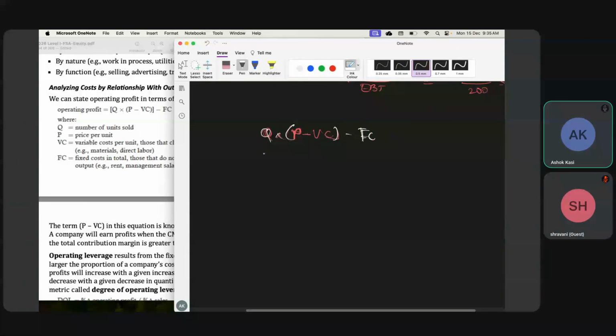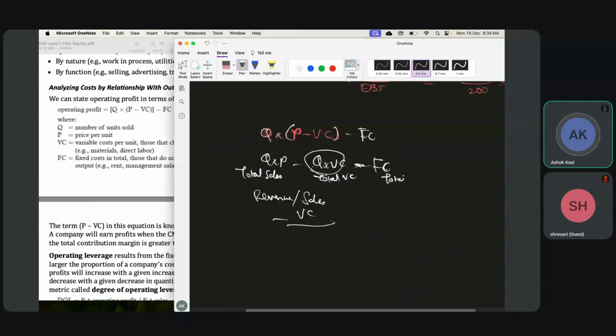If you elaborate this, quantity into price minus quantity into variable cost minus fixed cost, then it becomes revenue or sales minus total variable cost, minus total fixed cost.